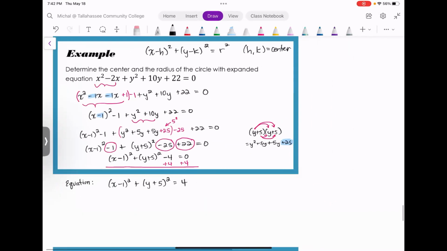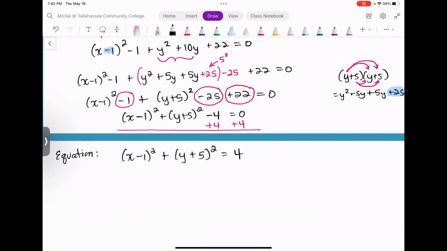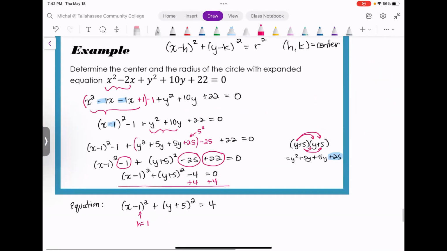So what I have here is h is equal to 1. Notice the subtraction is in the equation, so x minus h, my h is 1. Y plus 5 is the same as y minus negative 5, which tells us that k equals negative 5.